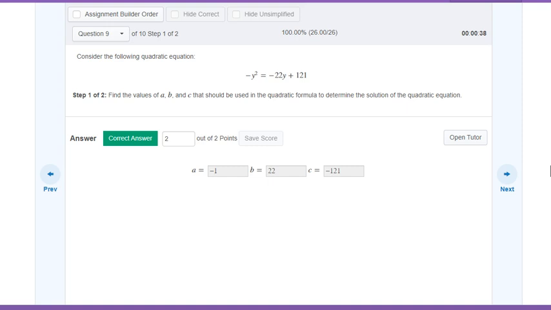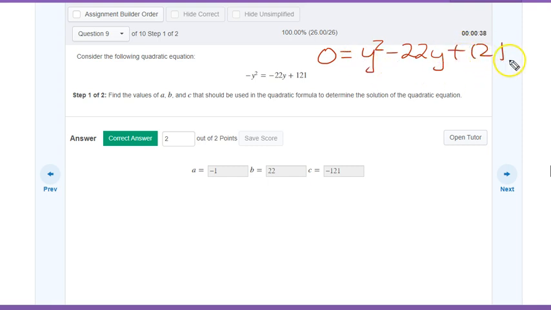Now for this one, they're asking you to put this quadratic equation in standard form. So I would just take my negative y squared, transpose it to the other side, and get y squared minus 22y plus 121.